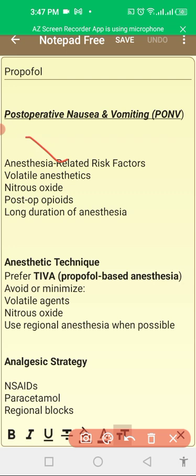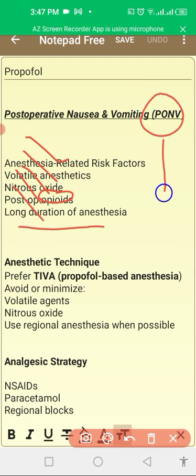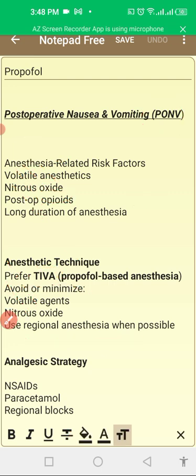like anesthetic related factors, volatile anesthetics, nitrous oxide, postoperative opioids, and long duration anesthesia can also cause postoperative nausea and vomiting. So the anesthetic techniques to prevent this: preferred is propofol based anesthesia or TIVA, avoid or minimize volatile agents and nitrous oxide, and use regional anesthesia in the patients who are more prone to PONV.